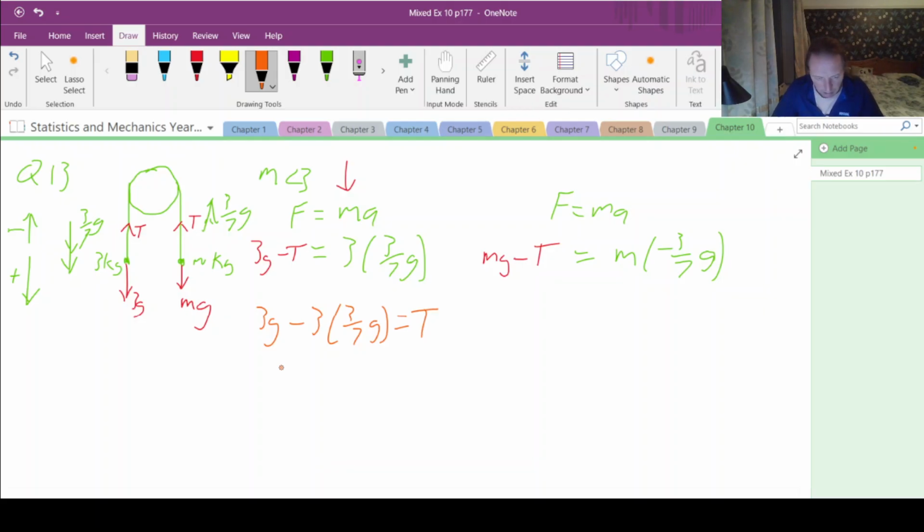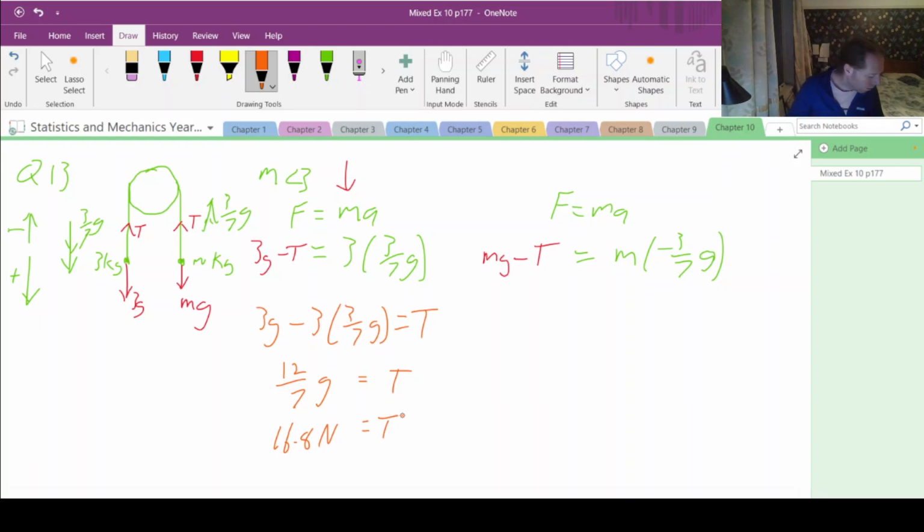What does that become? 3 minus 3 times 3/7. Okay, 12/7. 12/7 g times by 9.8, 16.8. So 16.8 newtons is my tension.